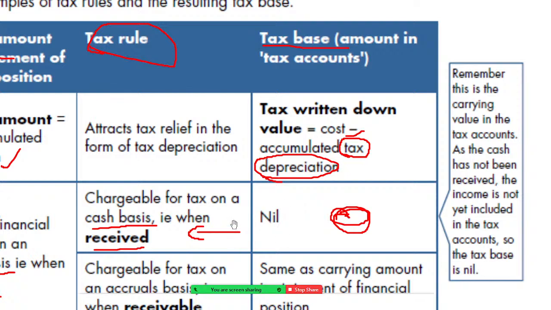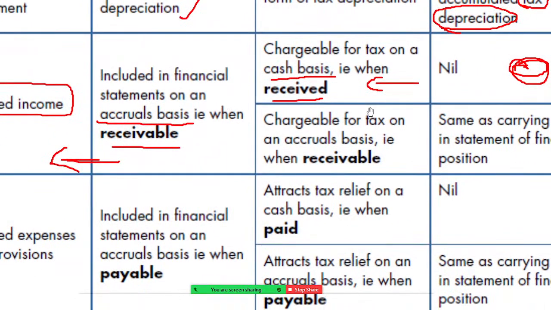So for the tax base, there's no economic benefit from the point of view of the tax account. Remember, this is the carrying value in the tax account. As the cash has not been received, the income is not yet included in the tax account. So the tax base is nil, zero.